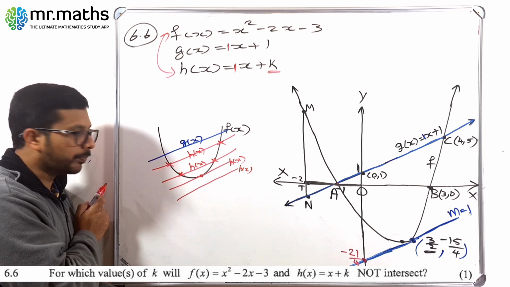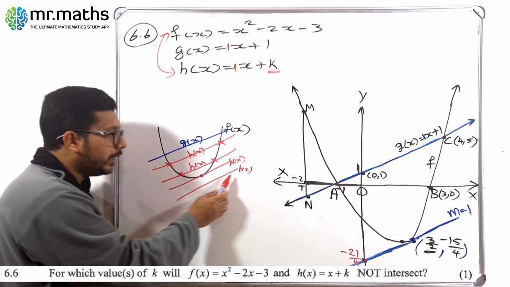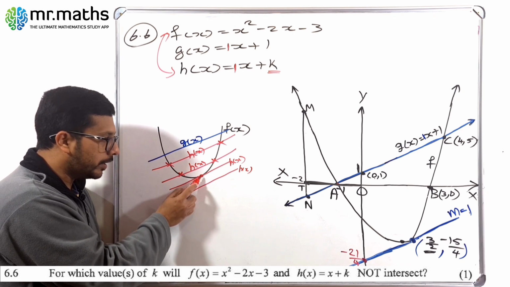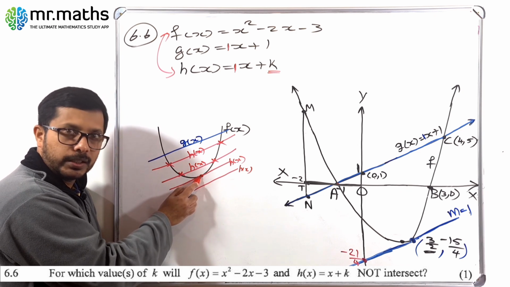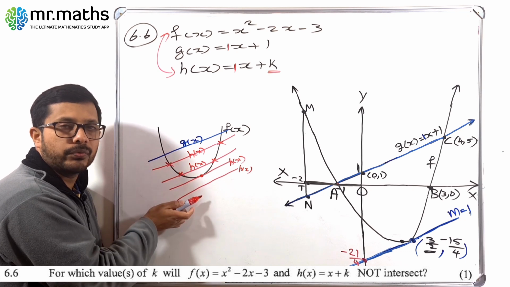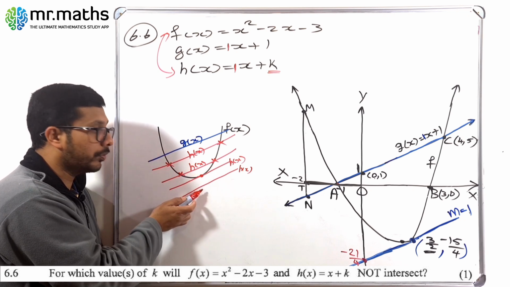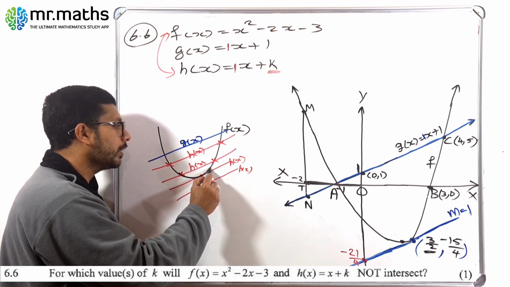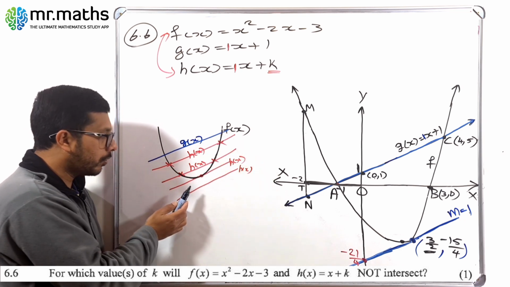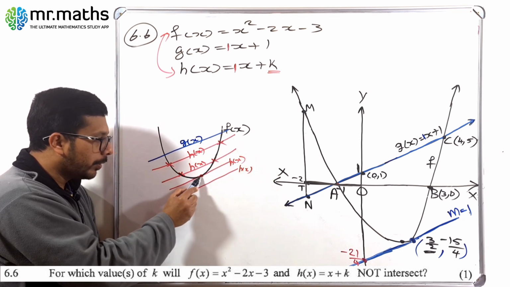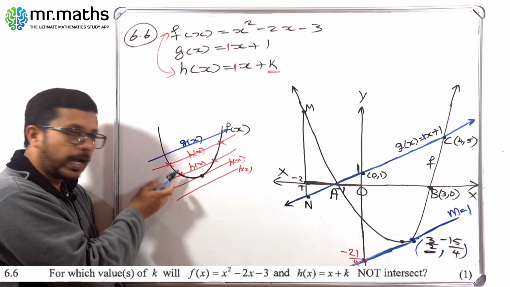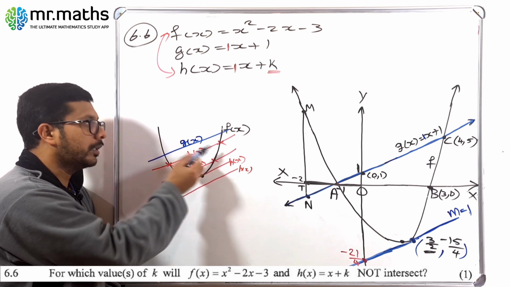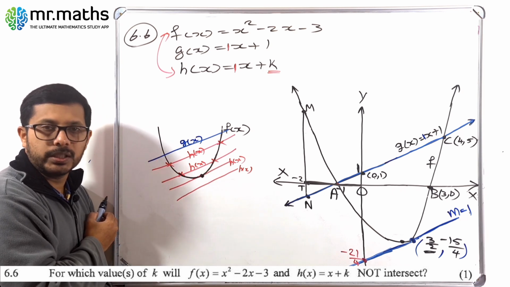Can you see that? So if we draw h of x below this tangent, what is the f of x graph? A parabola, am I right? This is our f of x graph. So if I draw an h of x below that tangent point, then h of x and f of x do not intersect.